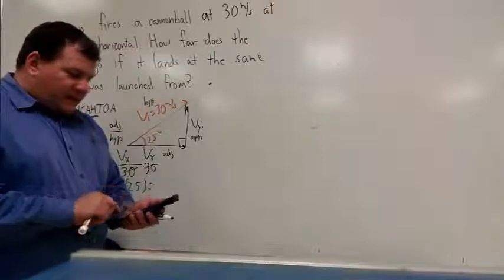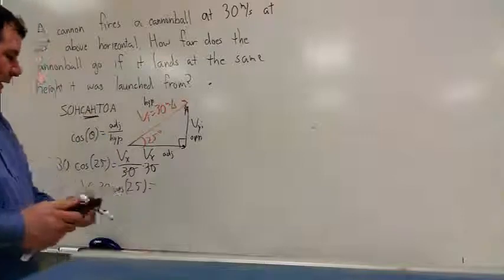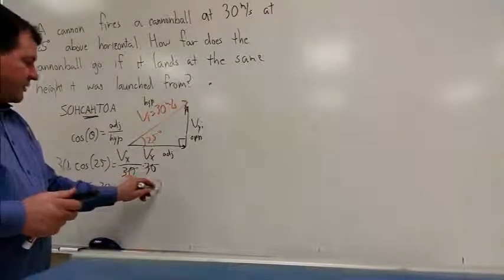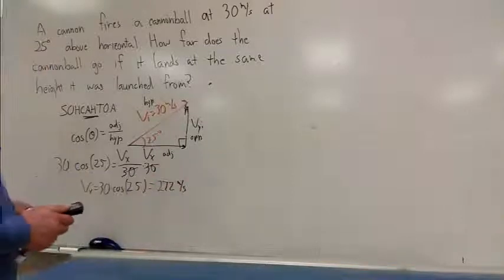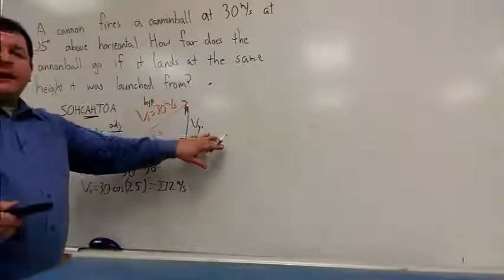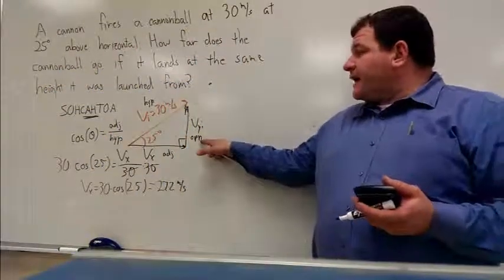Do a quick math here. 30 times cosine of 25. And I get a horizontal velocity of 27.2 meters per second.